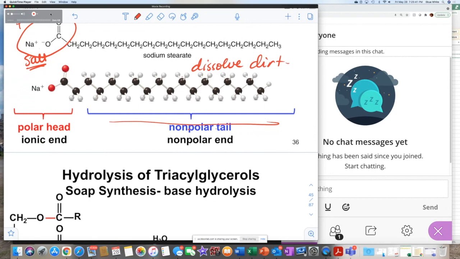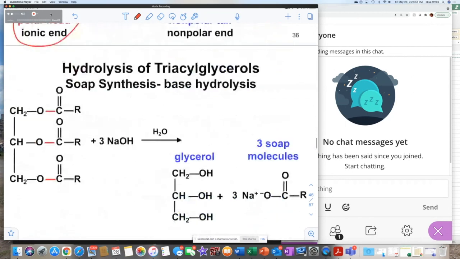Once you run water on your body, the polar end of the soap interacts with the water, and so the soap washes off, taking dirt with it. It's like, it was just there to pick up dirt, and on its way out, it gets dissolved in the water and then leaves, right?